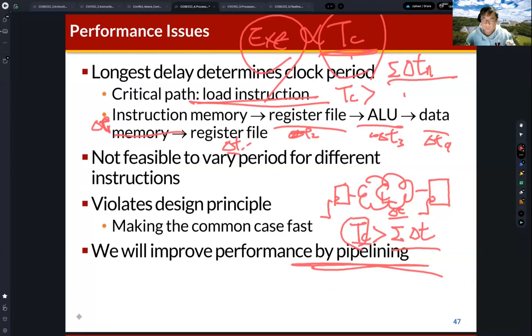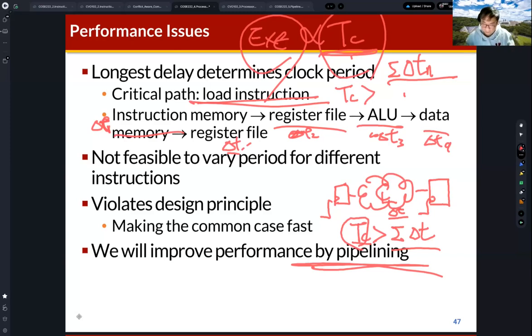I also mentioned the performance issue of a single cycle processor. The architecture of a single cycle processor is rather simple, but the problem is the latency. The sum of delays of the data path is very long.